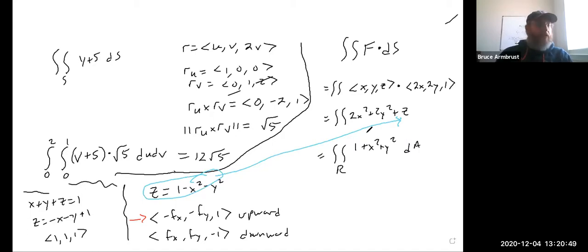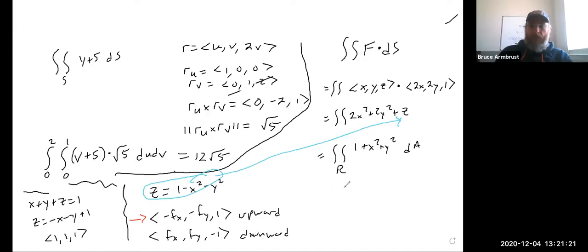But now we need to tackle this region. If you look at the surface 1 minus x squared minus y squared, where z was greater than or equal to 0, when we're at z equals 0, it's a circle of radius 1, which means we want to use polar.